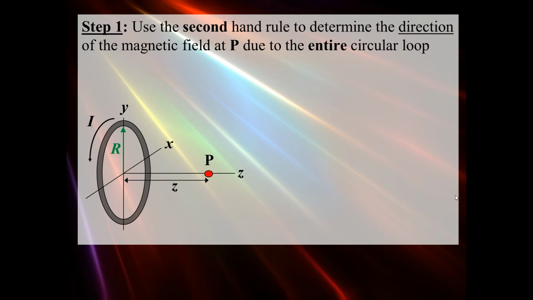So the way I would use the second-hand rule is, because we're talking about current, I would use my right hand, and you curl your fingers in the direction of current. If you curl your fingers in the direction of the current, which is counterclockwise from the perspective of the right side of the page, you should have your thumb pointing towards the right.